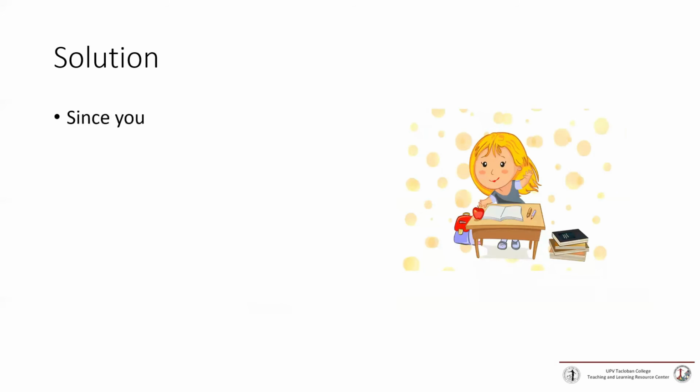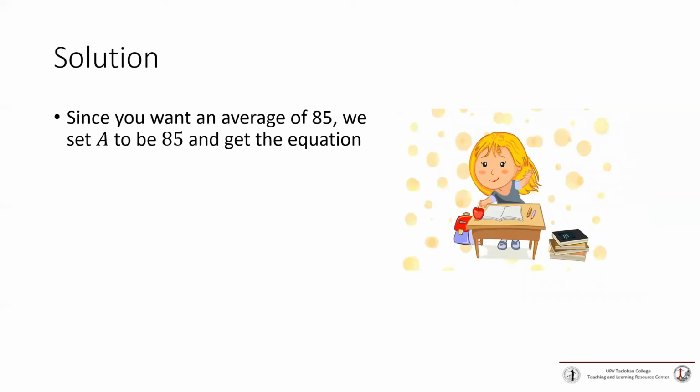As a continuation, since you want an average of 85, we set A to be 85 and get the equation A is equal to 76 plus 87 plus X over 3. Since you want an average of 85, then 85 will be substituted for the variable A. So 85 is the average.